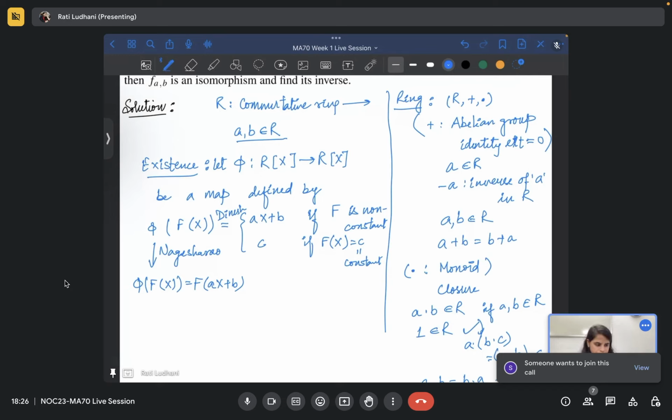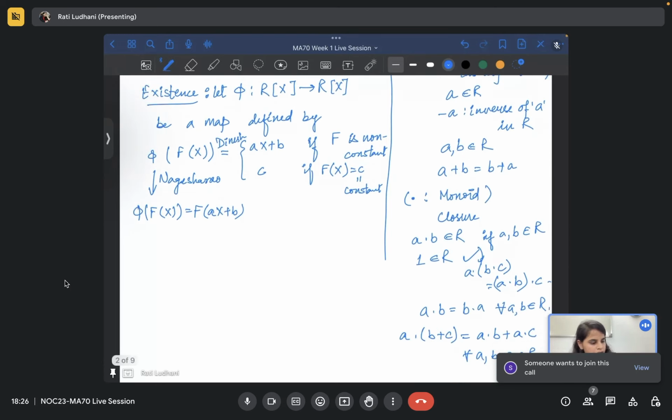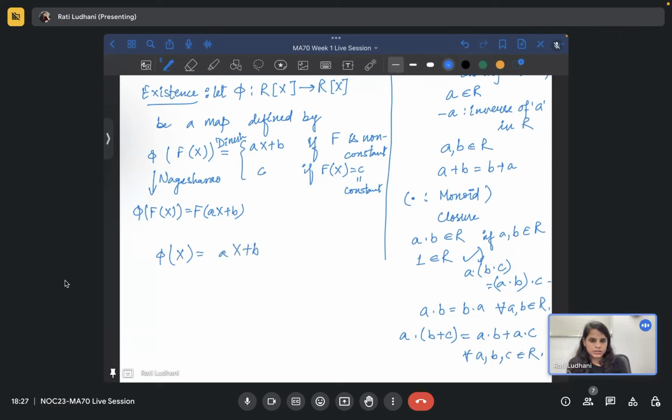Let's see if it works. Of course, for phi of x, it works because it is non-constant and it maps x to ax plus b, and phi of c is equal to c for all c belonging to R.